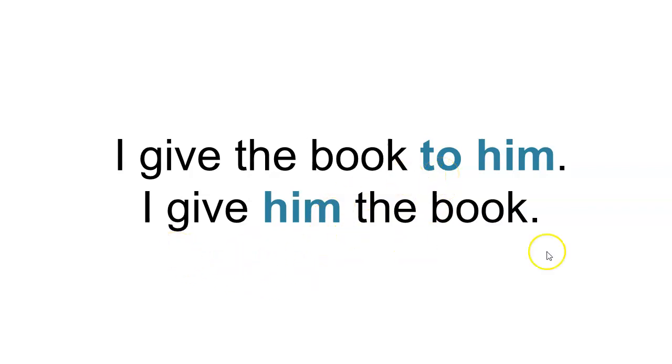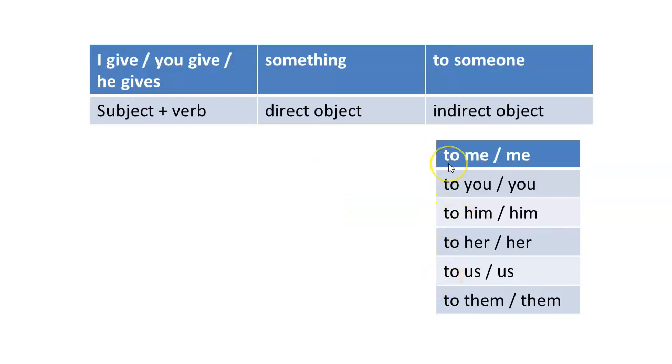I give him the book. I give the book to him, I give him the book mean exactly the same thing. It's just optional. You can choose whichever one you want to use, but if you use the indirect object before the book, you have to drop the to. So that's why in this list, I have to me or me, to you or you, to him or him, etc.